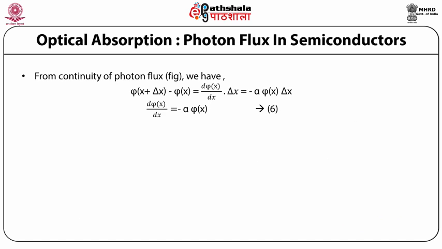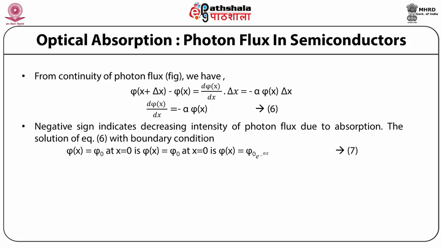From continuity of photon flux as shown in this figure, we have phi x plus delta x minus phi x equal to d phi x by dx multiplied by delta x, equal to minus alpha phi x delta x. This implies d phi x by dx equal to minus alpha phi x.